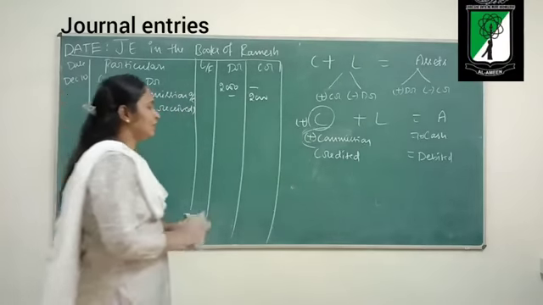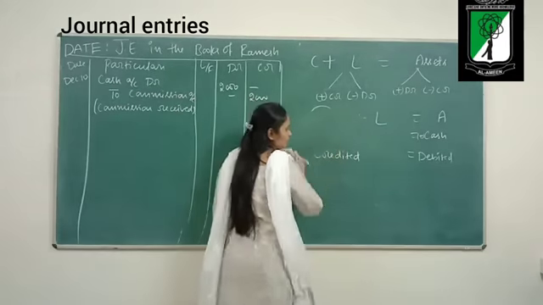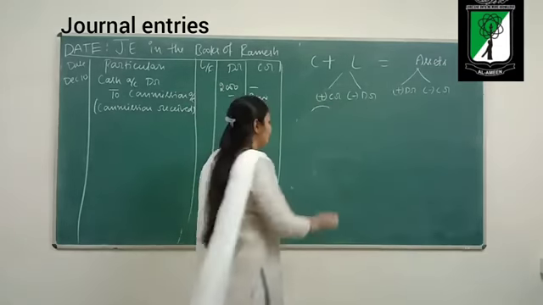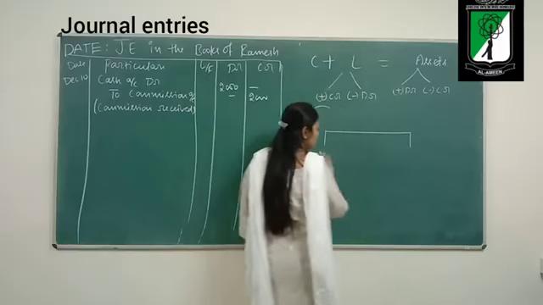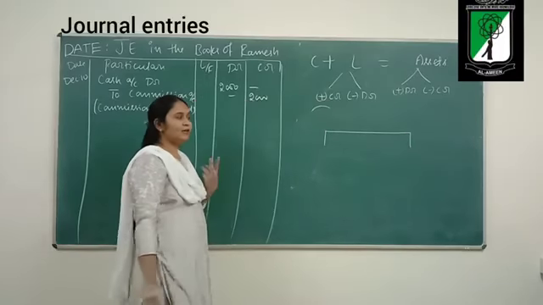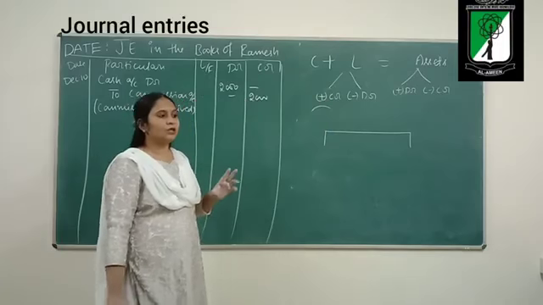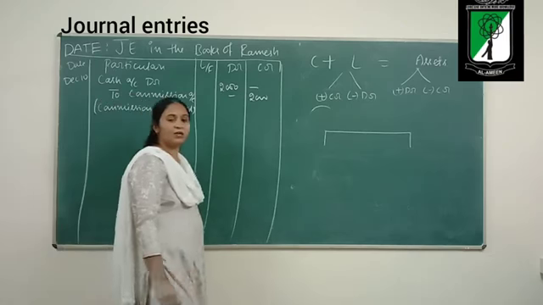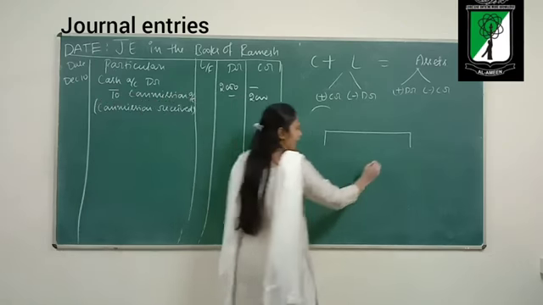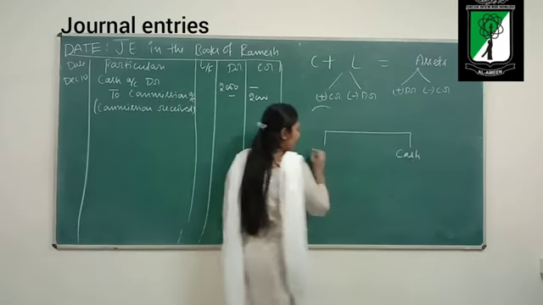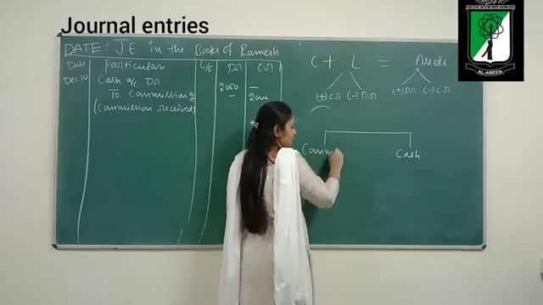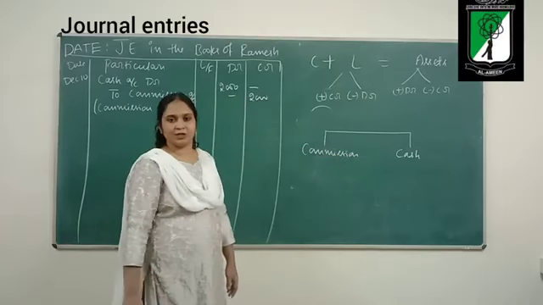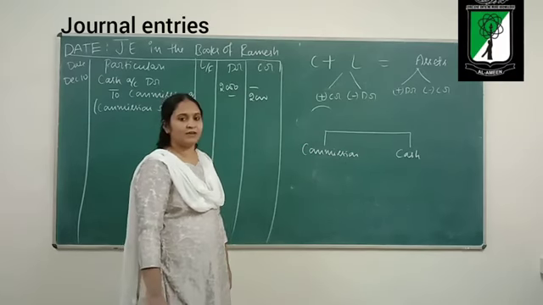Now, let me solve this according to the traditional approach. Business is receiving commission. Take up any transaction, it will affect two accounts. First, you should find the accounts which are affected: cash and commission.